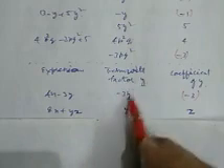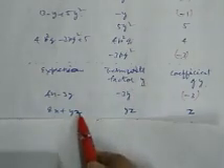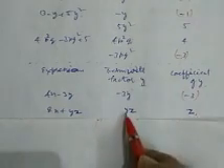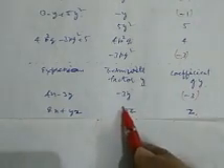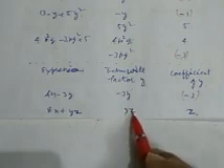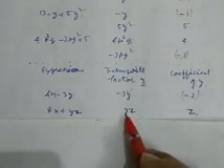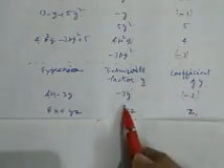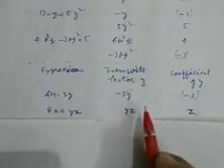8x plus yz. Here, the term with factor y is yz. In yz, z is the coefficient of y, because we only have to remember this y. The rest of the things are the coefficient of this y. Here this coefficient is a variable type, but we are not considering only the numerical coefficient.